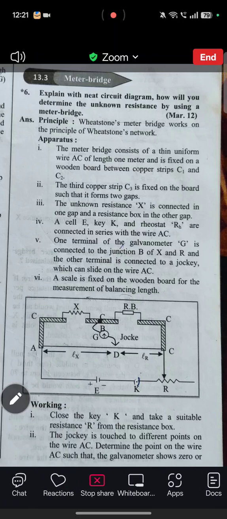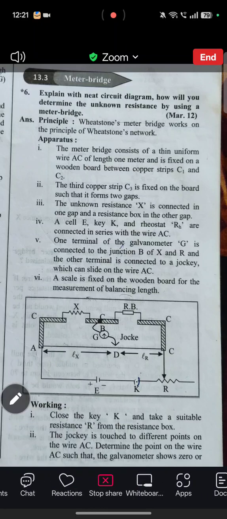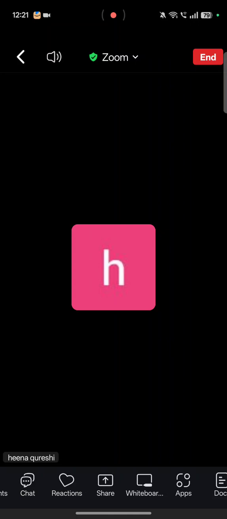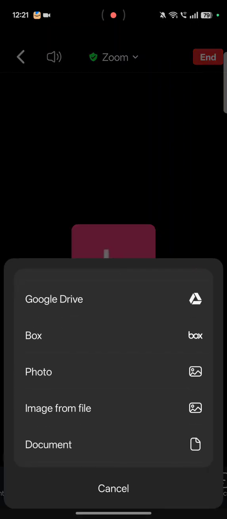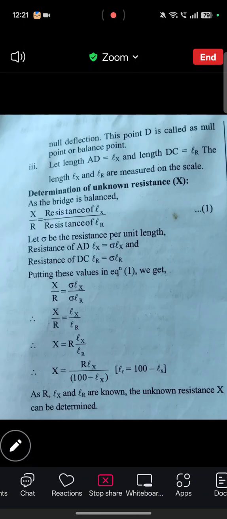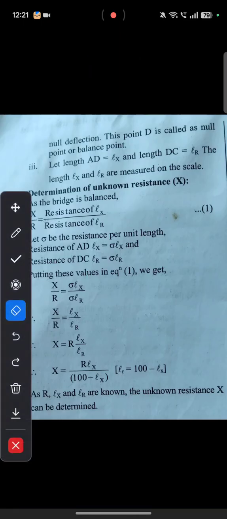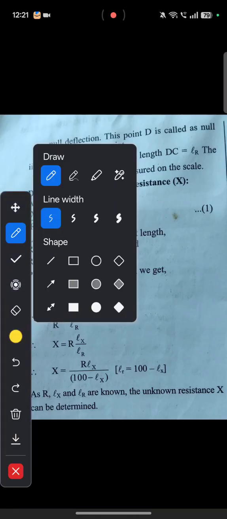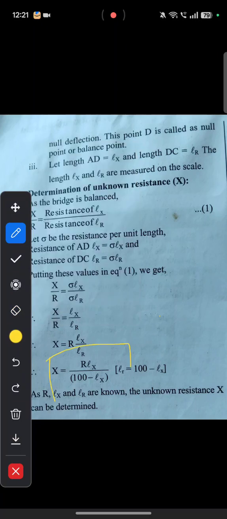So what is the formula of the meter bridge to calculate the unknown resistance? This is the formula: X is equal to R Lx divided by 100 minus Lx.